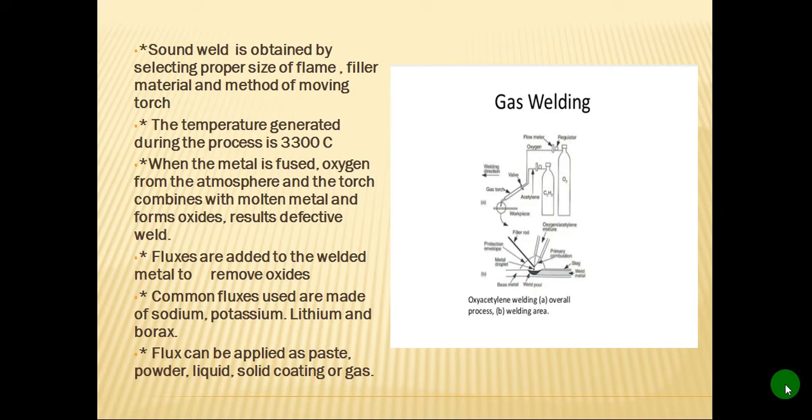Fluxes are added to the welded metal to remove oxides. Common fluxes used are made of sodium, potassium, lithium, and borax. Flux can be applied as paste, powder, liquid, solid, coating, or gas.